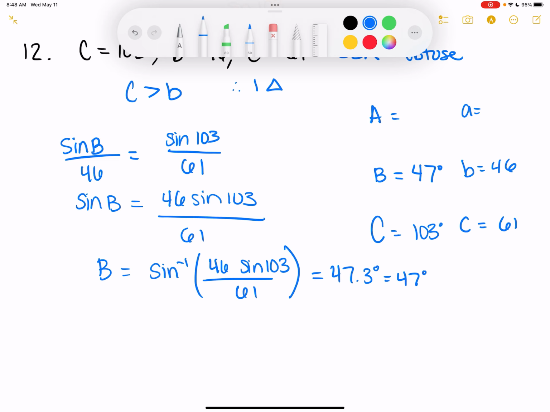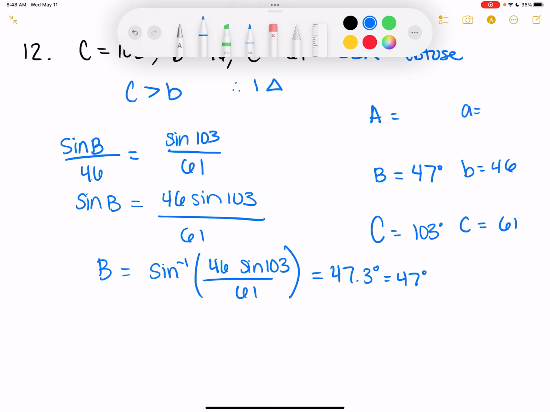I don't understand. You have to close the parentheses after you put 46 sine of 103, and then divide by 61. If you close the parentheses and then put the 61 outside, it's not going to take the arc sine of that.